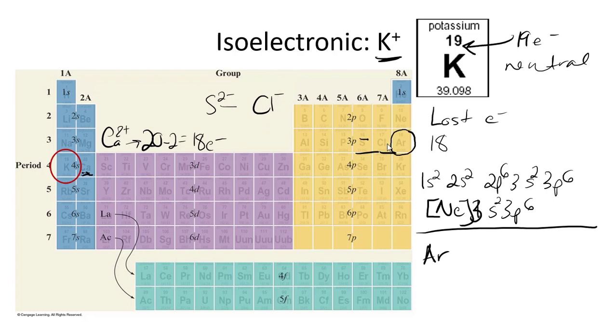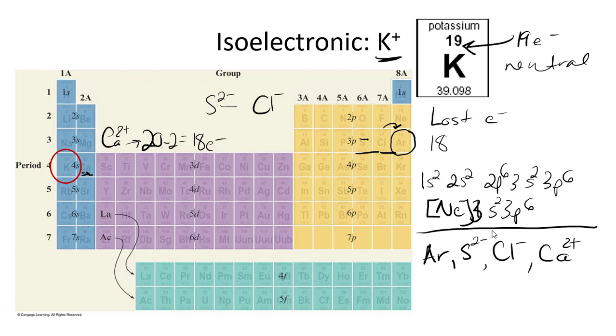Chlorine had 17 electrons. In order to become more stable, it added an electron to take on a noble gas configuration. So what elements or species are isoelectronic with potassium? You could say argon, sulfur, chlorine, or even calcium, okay? Or I guess if gallium is also a 3+, it could be that as well.